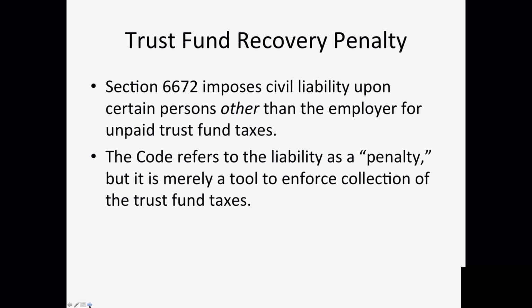It doesn't encapsulate the accuracy related penalty. It doesn't encapsulate the type of penalties that are triggered when we collectively think of tax penalties. It's called a penalty, but it only includes what we discussed earlier, which is the employer's portion, the employee's portion of FICA taxes and income taxes based on their W-4.